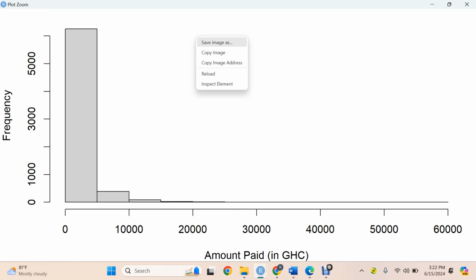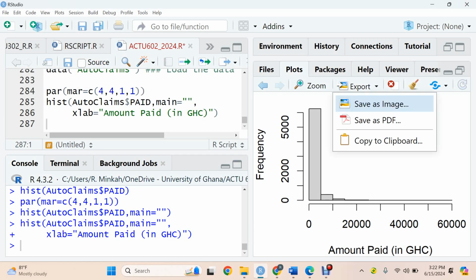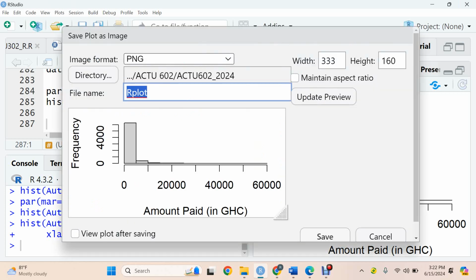When you are saving or copying, you should also be mindful that when you come to export, you save like this, right? If you have set your working directory, then it will go into your working directory straight away. So you give it a name, histogram paid, something like that, just to make sure.